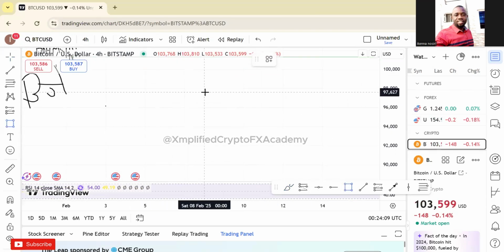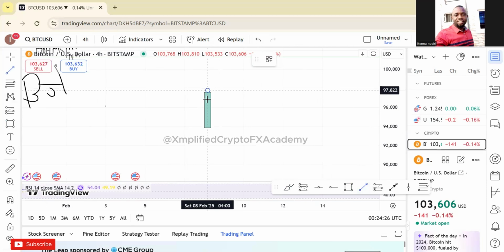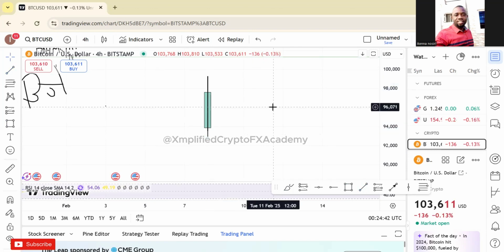This is how it looks. A candle has a body and a straight line, the wick. Let me draw a candle with its trend line.